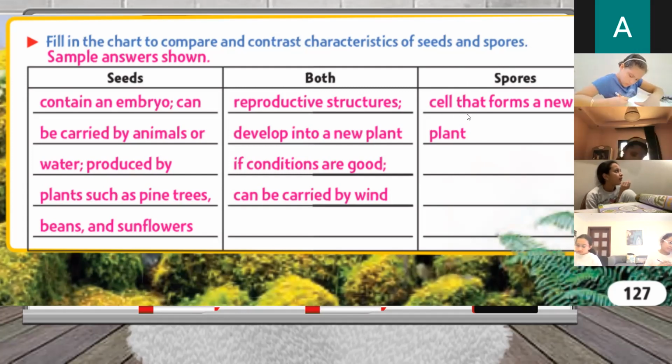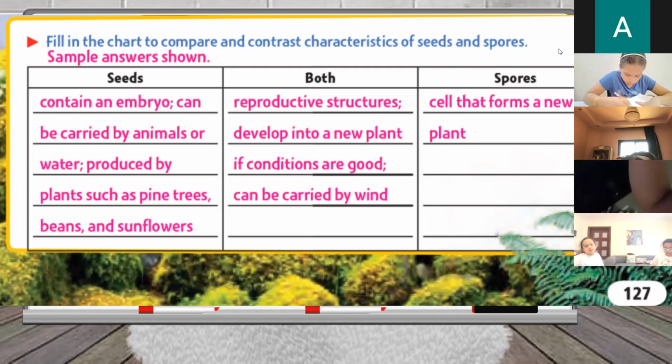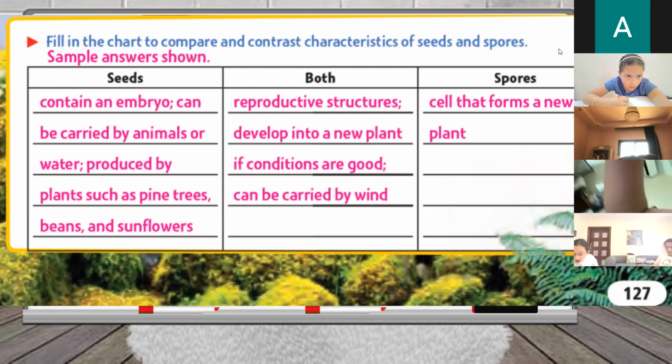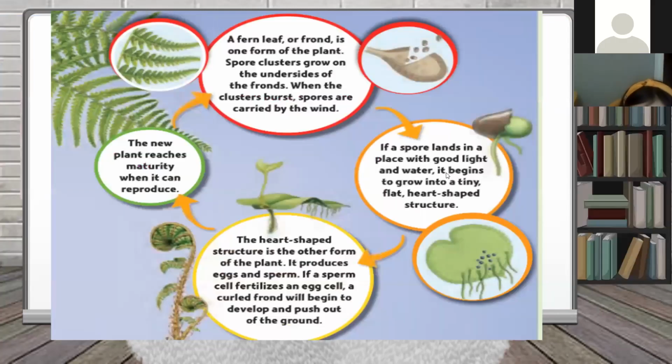Spores are cells. They don't have an embryo. What do they have? A small bag. What do we call it? Embryo or what? A small bag. Spores are in a small bag.